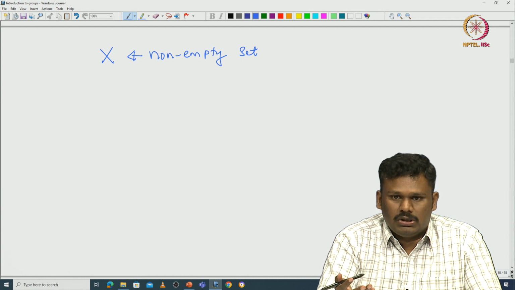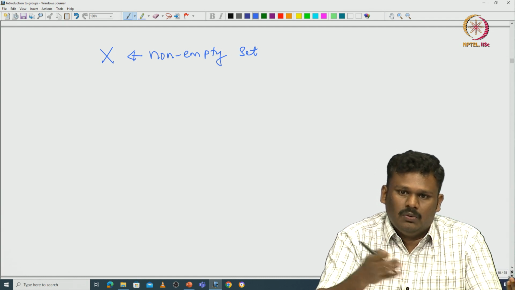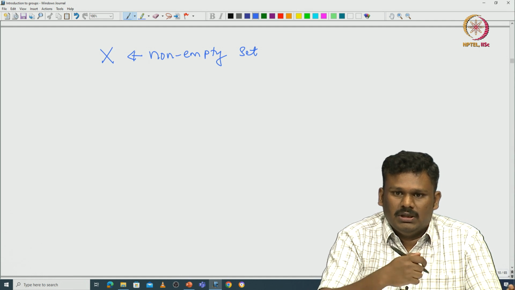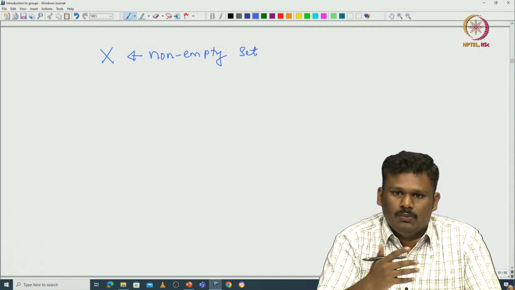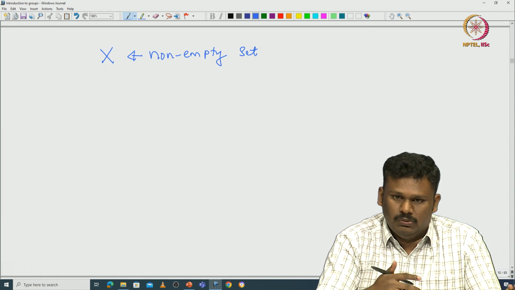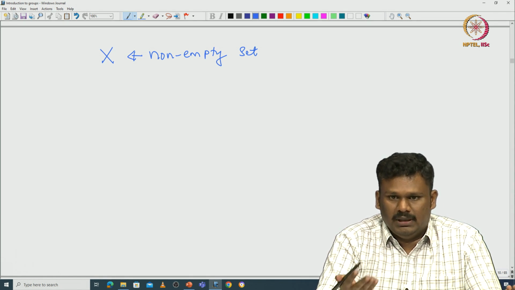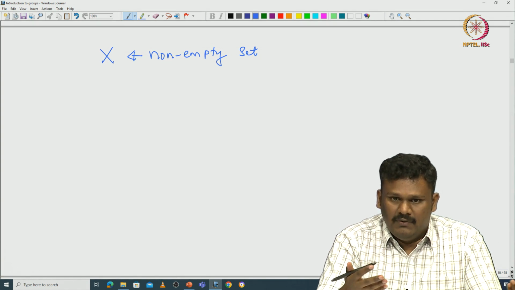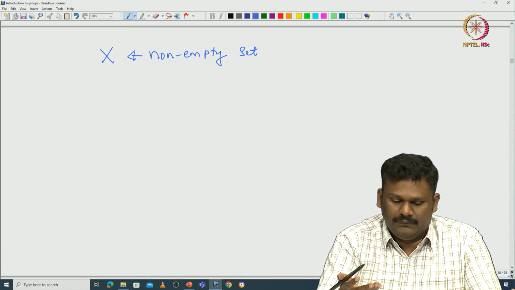So what the group should do is just take one element to another element and so on. But the group is like a move, so it should have a reverse move. That means it should have an inverse. The identity should be like doing nothing. That way we will be able to define the action of the group on this set X.